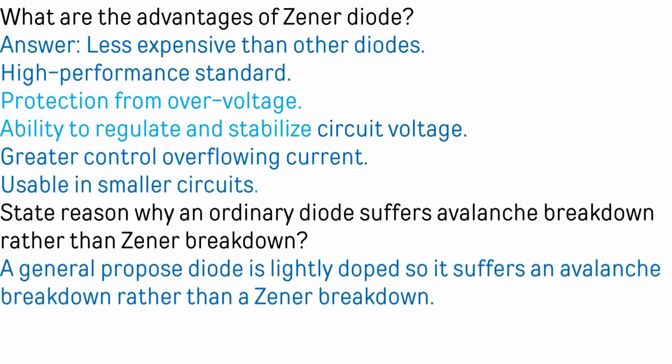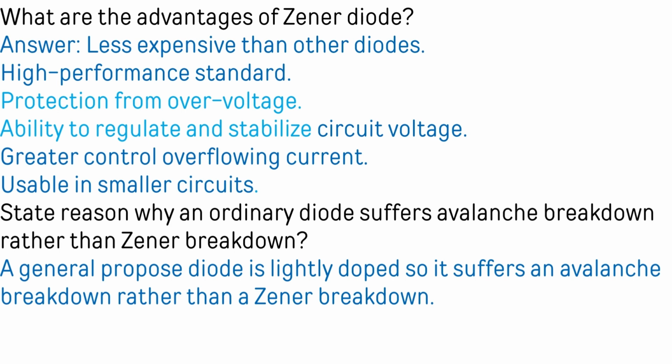What are the advantages of a Zener diode? Less expensive than other diodes, high performance standard, protection from over voltage, ability to regulate and stabilize circuit voltage, greater control over flowing current, usable in smaller circuits.